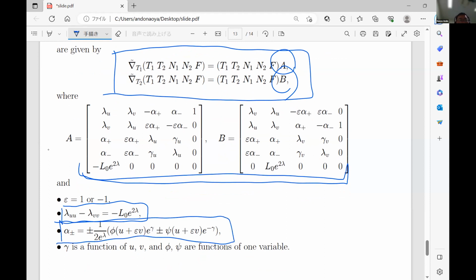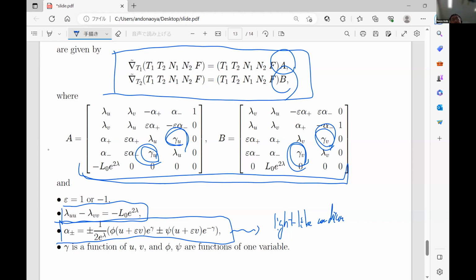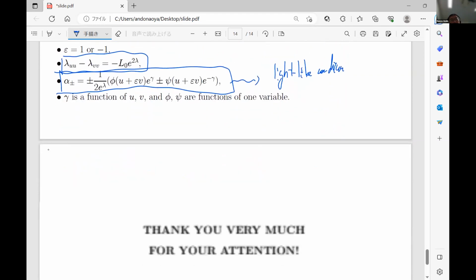This equation corresponds to a light-like condition. And gamma appears in these, and this form means that the curvature tensor of the normal connection vanishes.